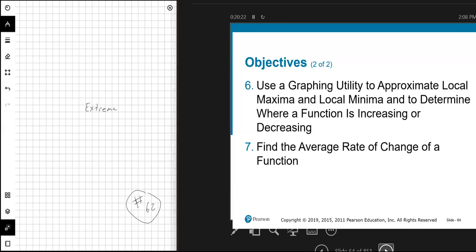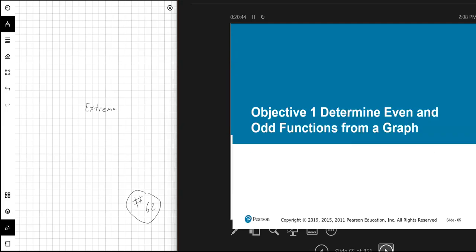And then using a graphing calculator, I'll just kind of read through that. I don't test over using the calculator to find these things, but they'll ask you in MyLab. And then find the average rate of change of a function. And if you remember how to find slope, then this shouldn't be any difficulty for you. All right, to determine if a function is even or odd.